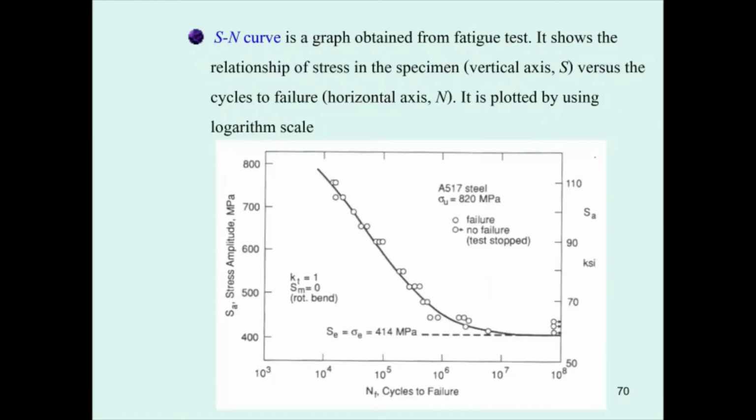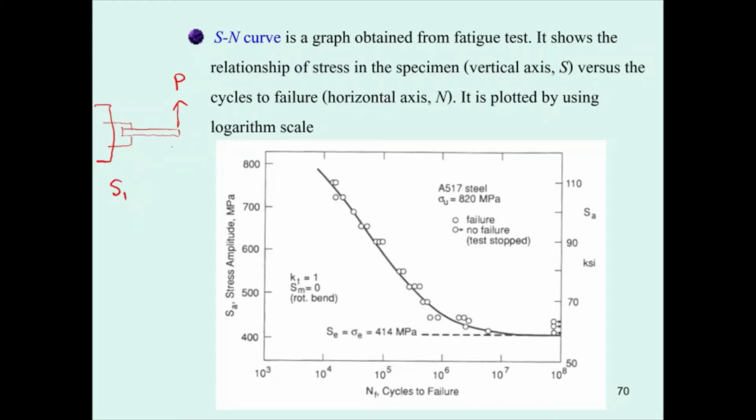Okay, and when we do the test in the lab, we will put the specimen into the machine, and we put this portion into the motor to spin it up. And what we have is we're going to push the force up here, okay, and the force P is going to produce stress 1.